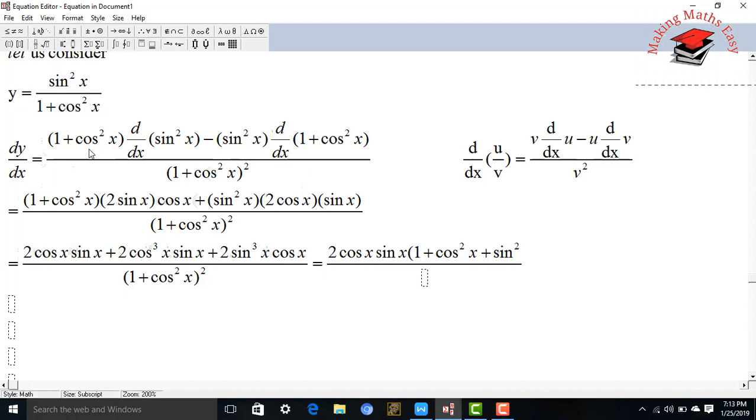In the denominator it will not change, it will remain as it is.